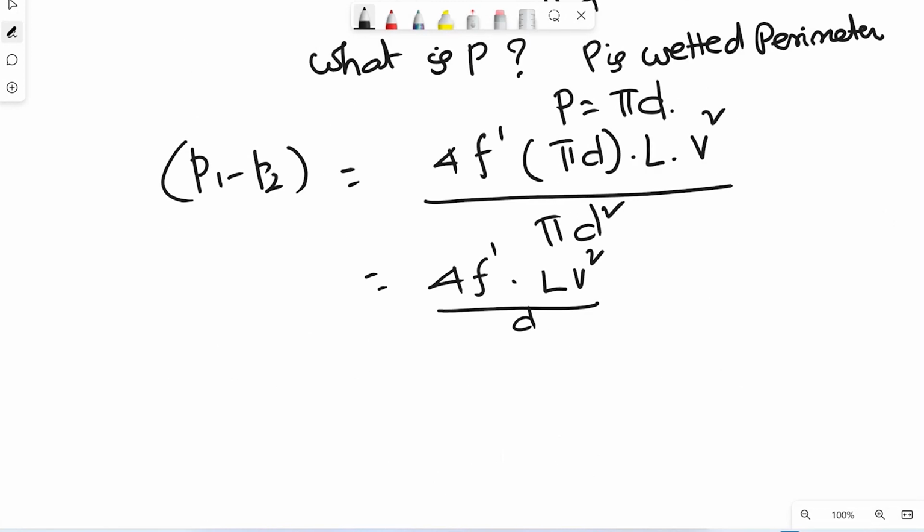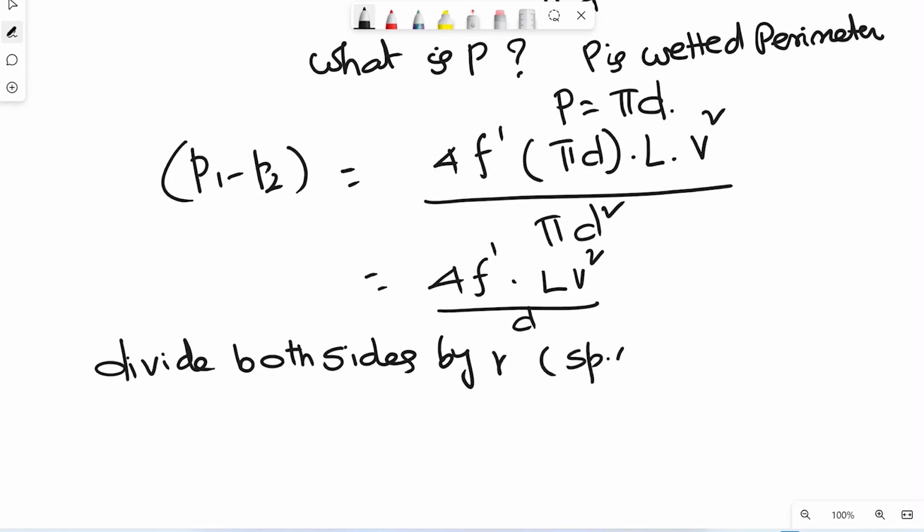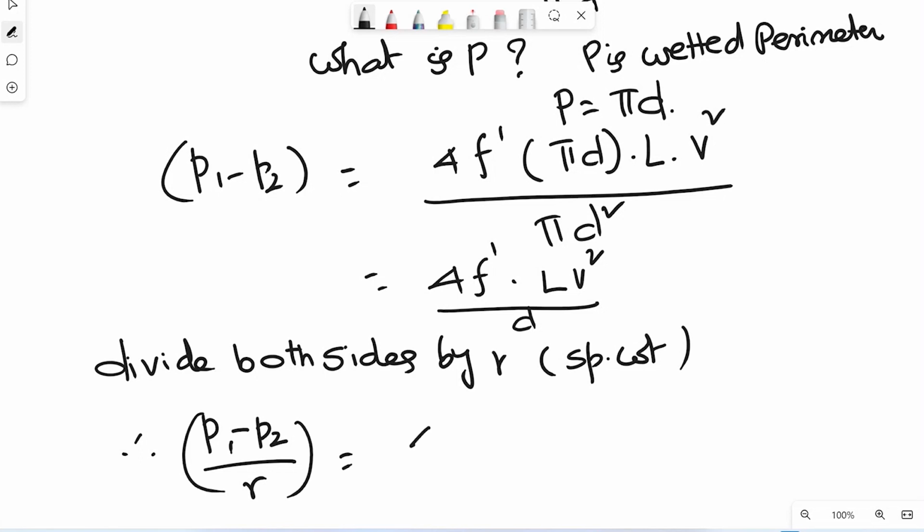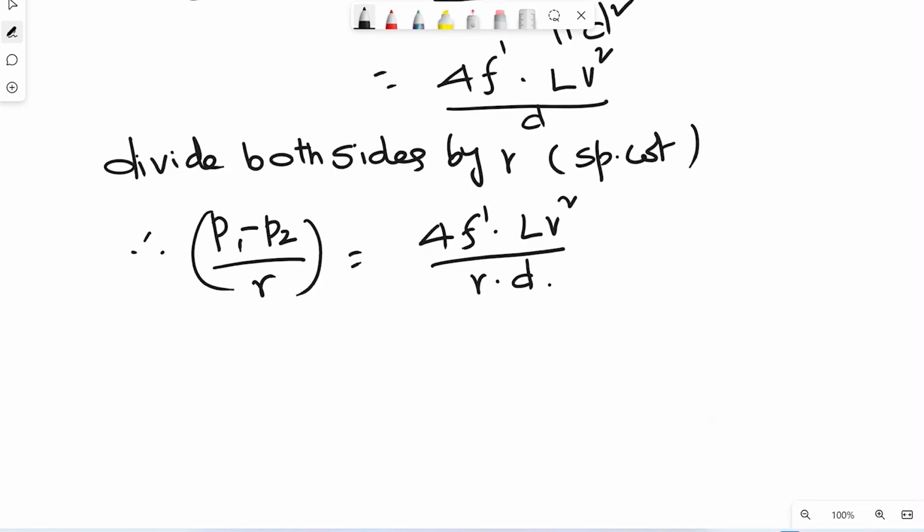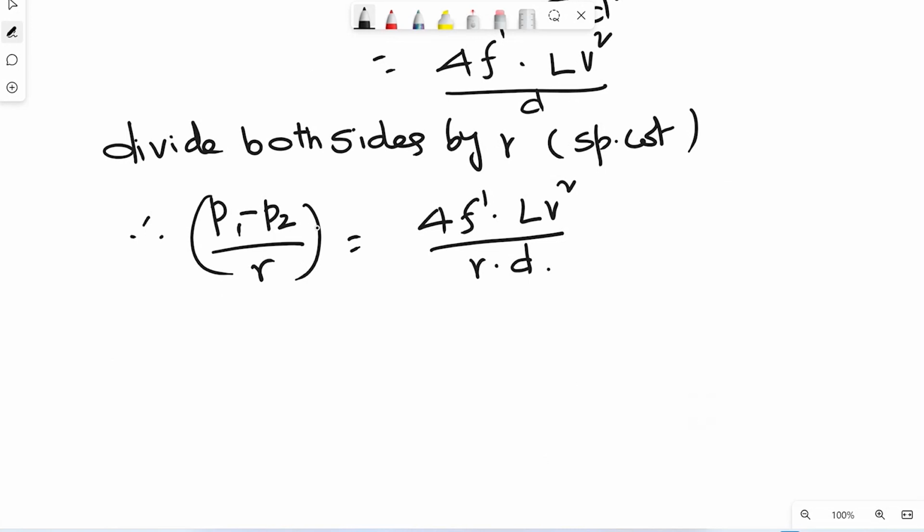So divide both sides by gamma, that is specific weight. Therefore, P1 minus P2 by gamma is equal to 4F dash LV square by gamma into D. Next, what is P1 minus P2 by gamma?